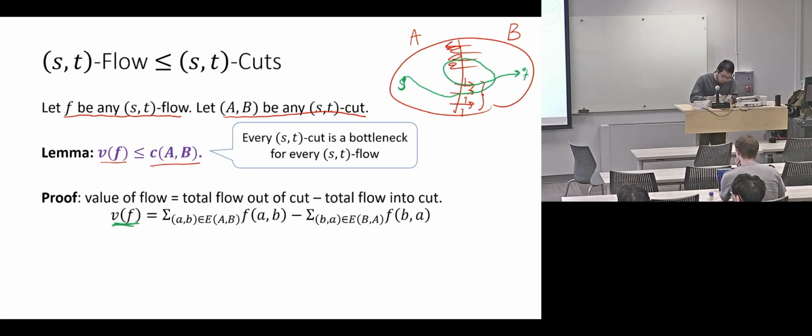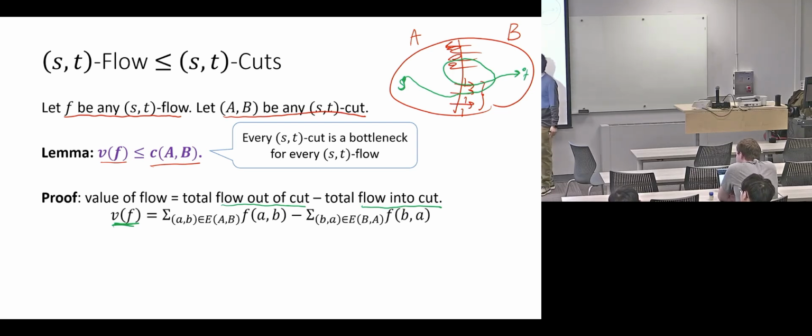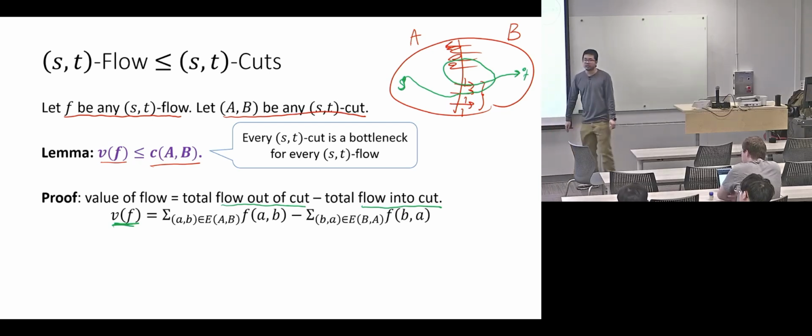That is the total flow out of a cut minus the total flow into the cut. What does it mean here? Just sum over all edges from A to B out of a cut, the flow value along each edge, minus the total flow value from B to A, the backward one.